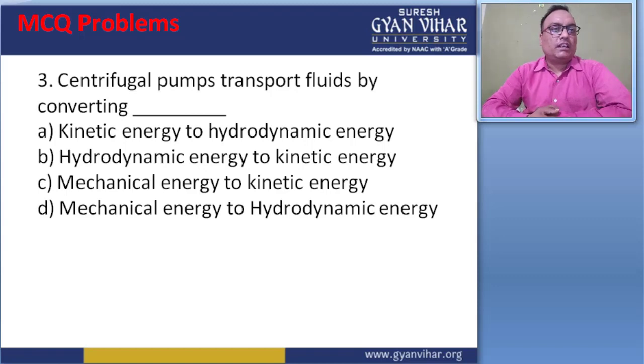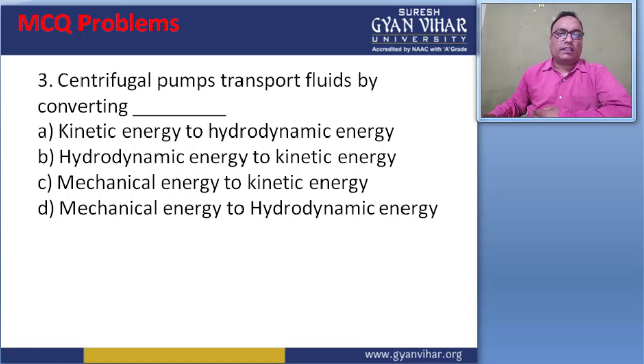In the third question, a centrifugal pump transports fluid by converting: kinetic energy to hydrodynamic energy, hydrodynamic energy to kinetic energy, mechanical energy to kinetic energy, and mechanical energy to hydrodynamic energy. So A is the correct answer for this question, right?